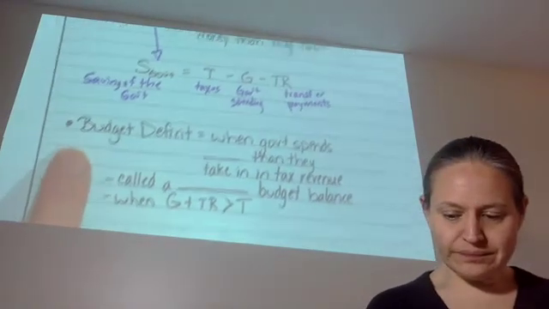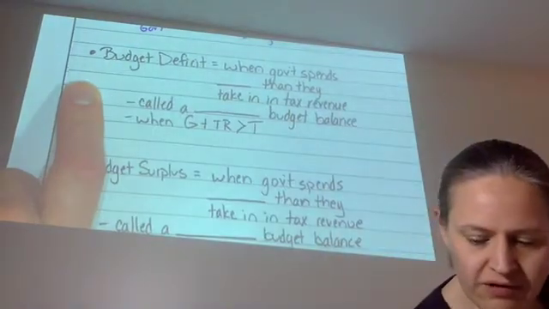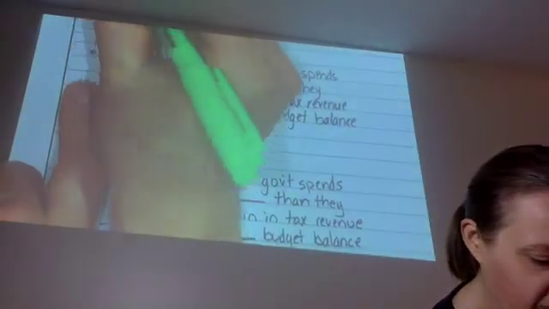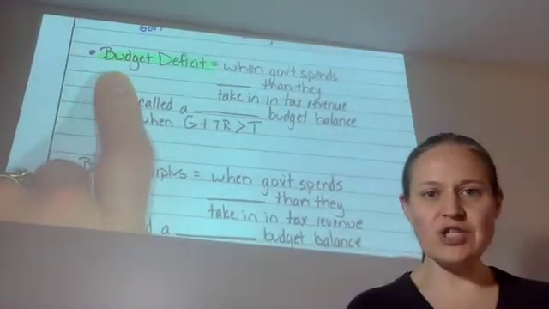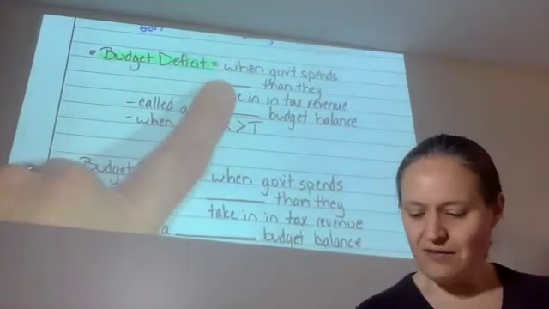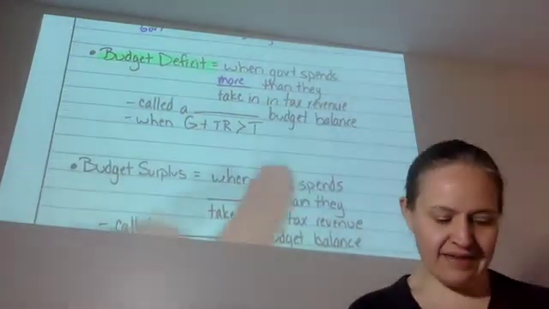So these are our different vocab terms: budget balance, budget deficit. This term budget deficit is when the government spends more money than they take in tax revenue.